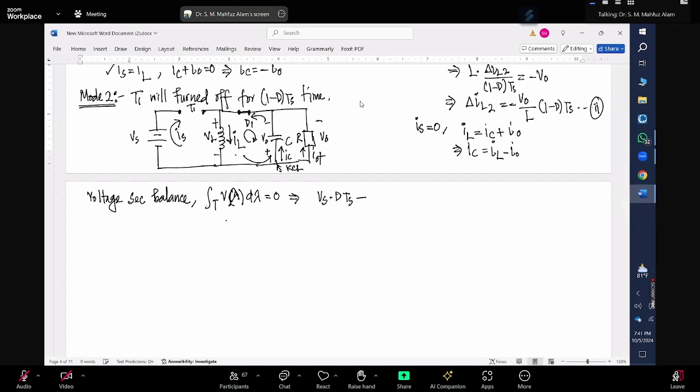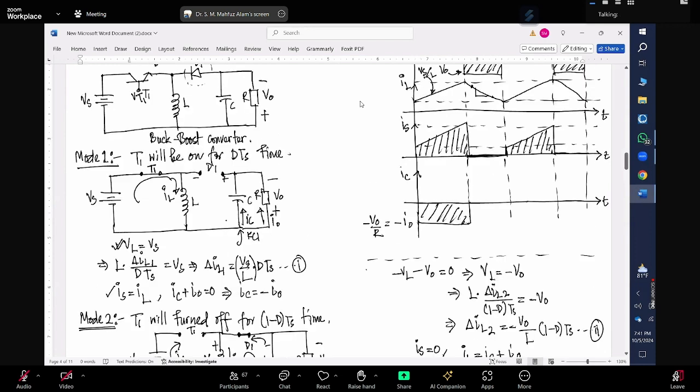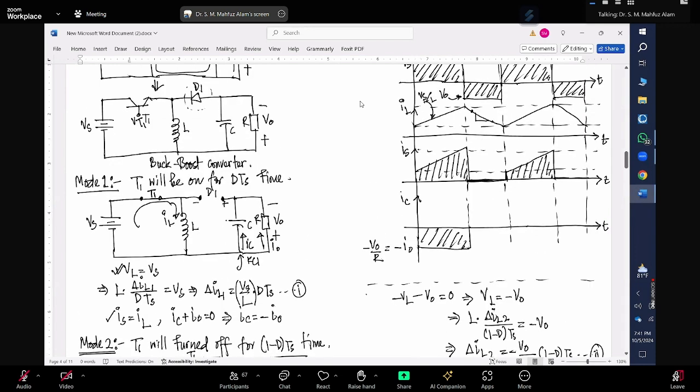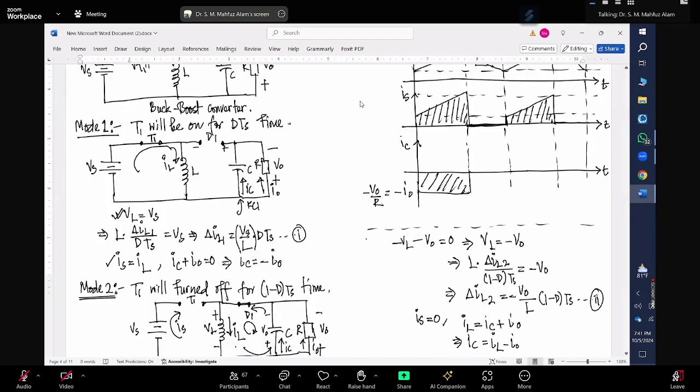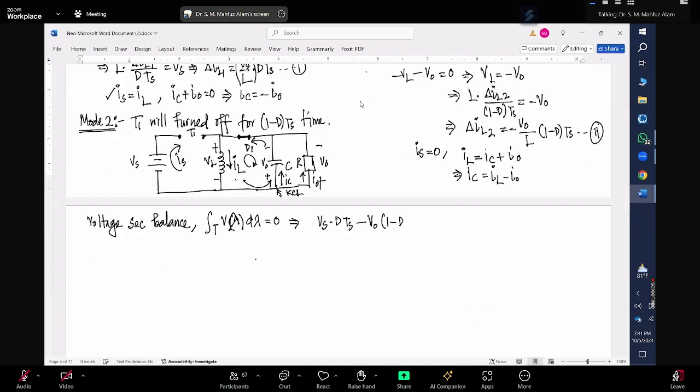And the voltage across the inductor when the transistor was off is minus V naught, so minus V naught multiplied by 1 minus D multiplied by Ts should be equal to 0. That gives Vs multiplied by D into Ts equals V naught times 1 minus D multiplied by Ts. If we cancel Ts, V naught is nothing but D over 1 minus D multiplied by Vs.